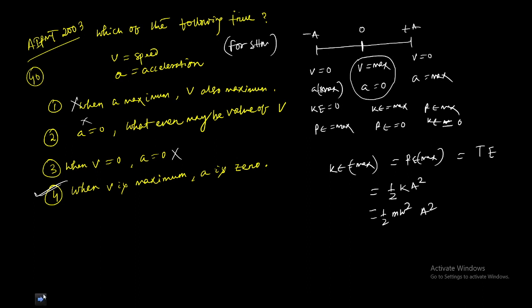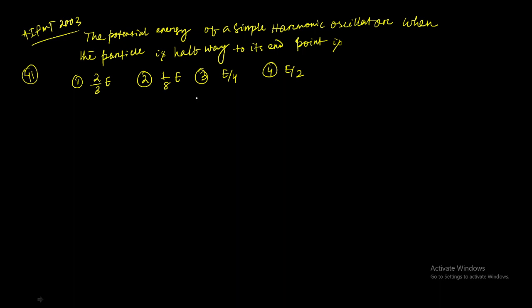Okay, so next question. The potential energy of a simple harmonic oscillator when the particle is halfway to its end point. Just now we talked about this, right? This will be minus a, this will be plus a, this will be 0, this will be a by 2.